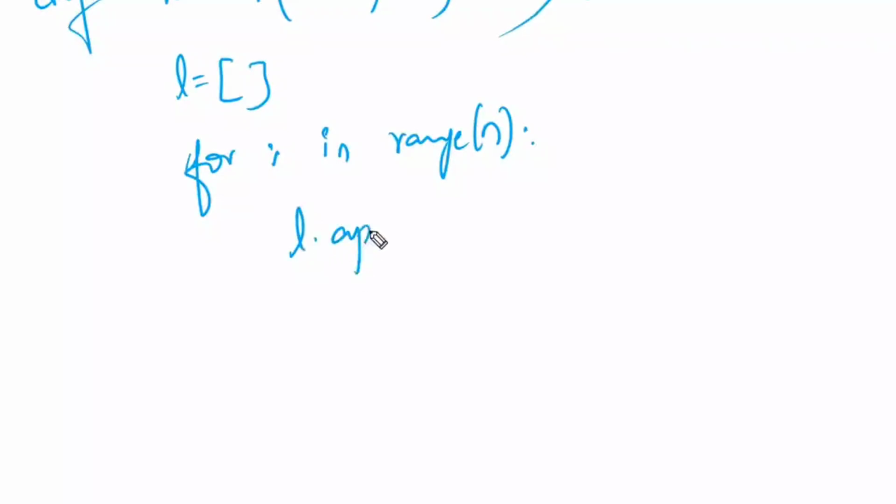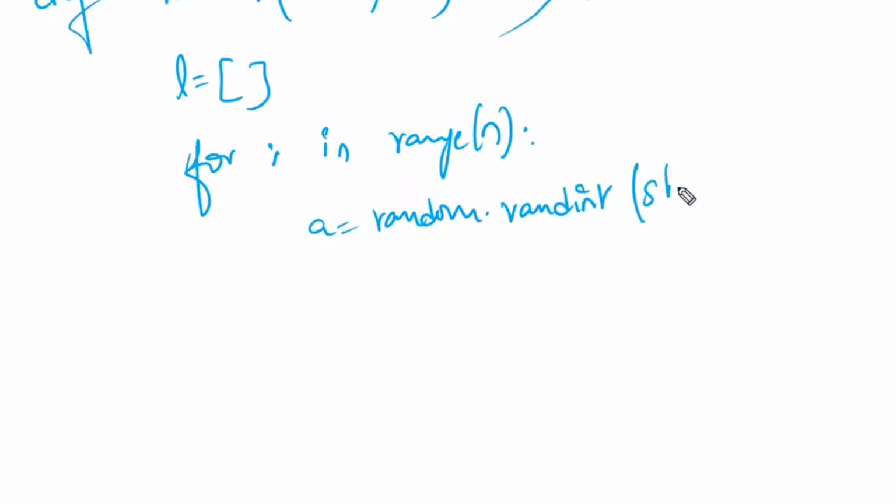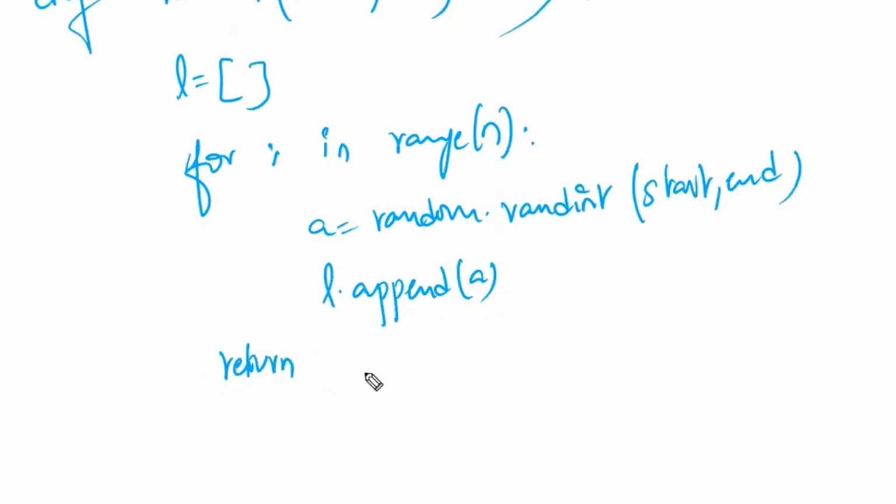Then L.append, or for example, you store a is equal to random.randint of start comma end, and you append L.append of a. Whatever this value is, you are appending, and finally you are returning L.